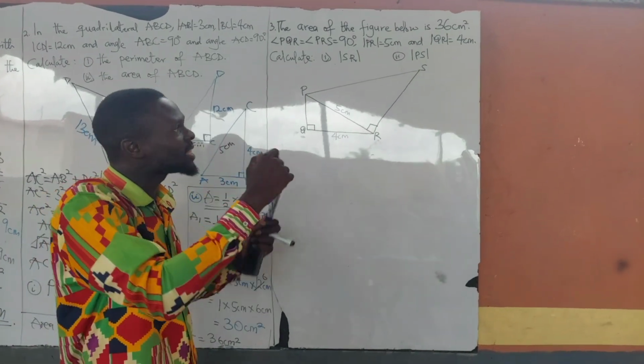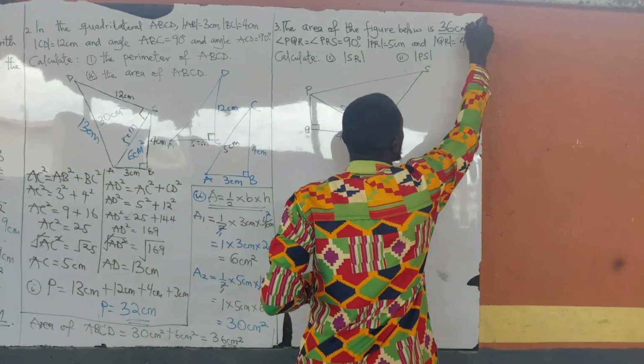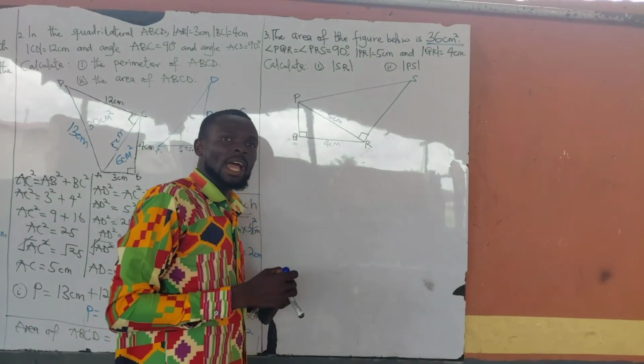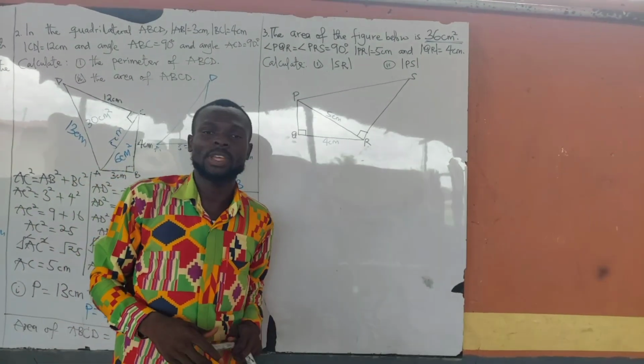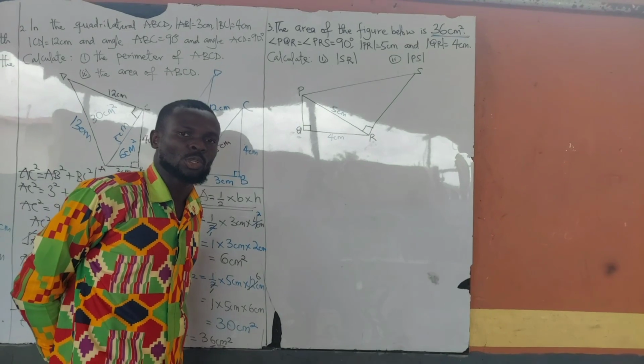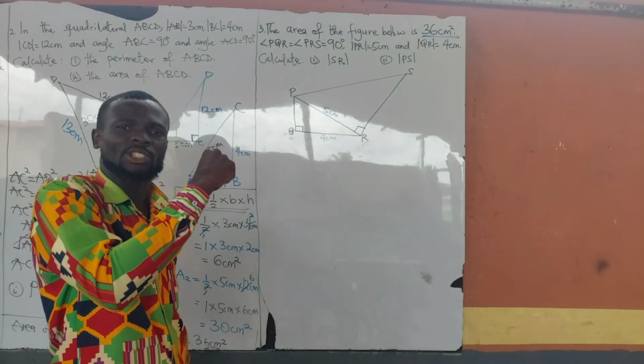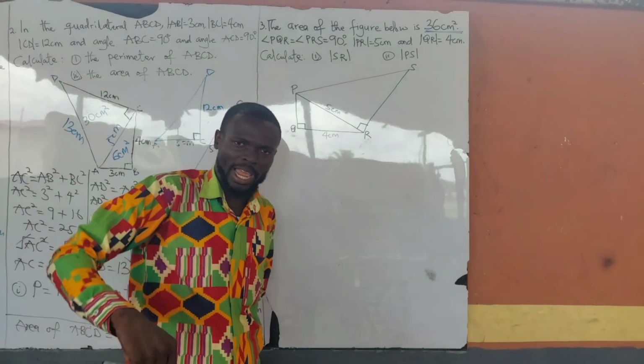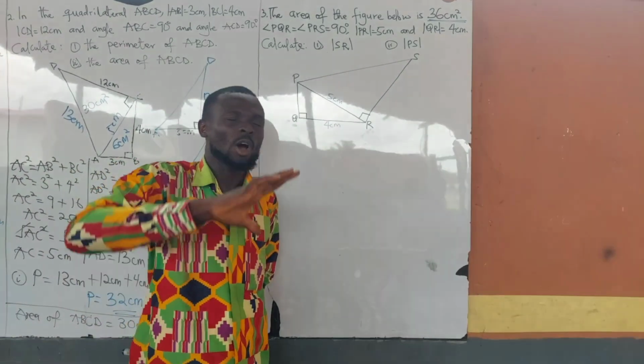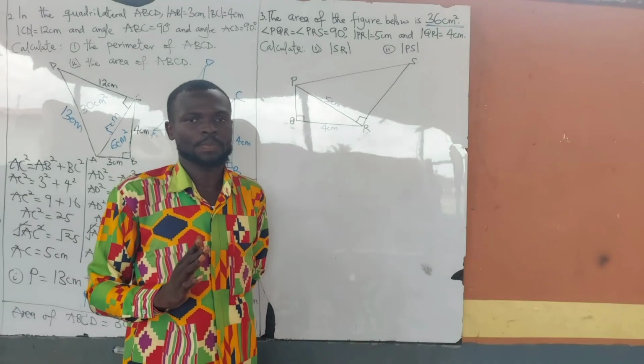Now this is a simple question that we are supposed to solve. The preamble has given you the area of the figure. So with the area of the figure, we can calculate the given length. So what are we supposed to do? Once you are able to identify the triangle to be a right angle triangle, use the idea of Pythagoras theorem.